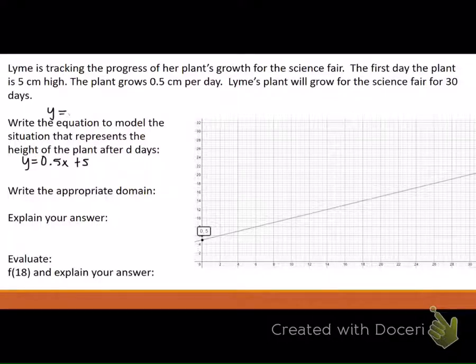So remember, it's y equals mx plus b. So our slope is centimeters per day. So that's y over x. So the x-axis is the number of days, and the y-axis is the height in centimeters.